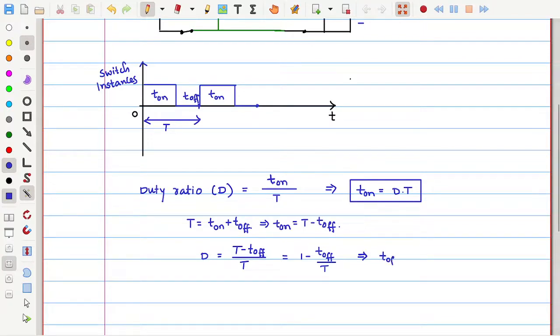T off is equal to 1 minus D into T. So D into T is the on time period.